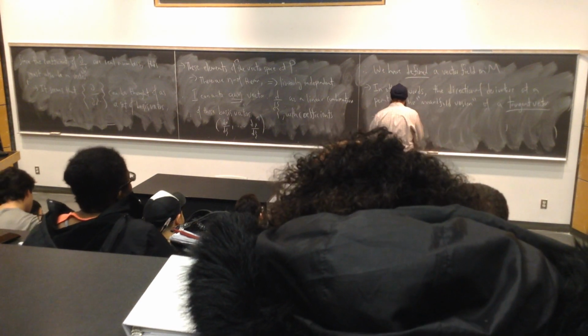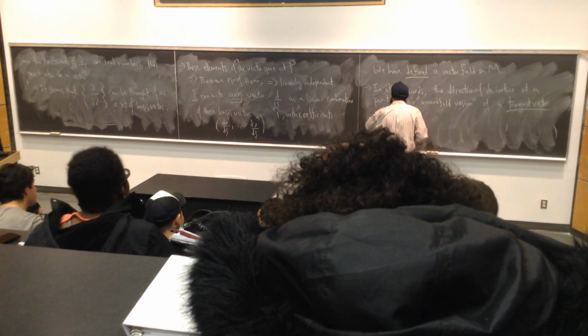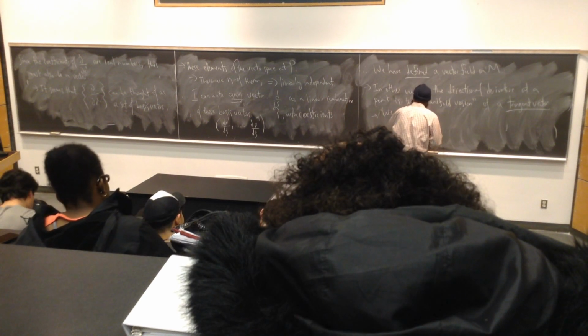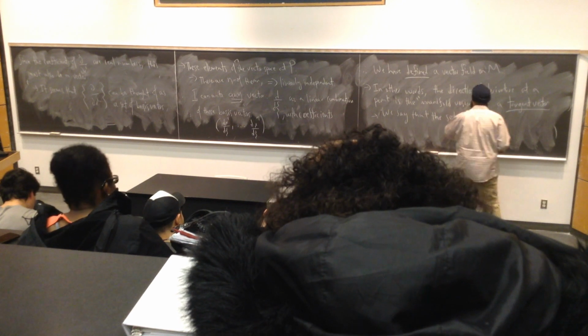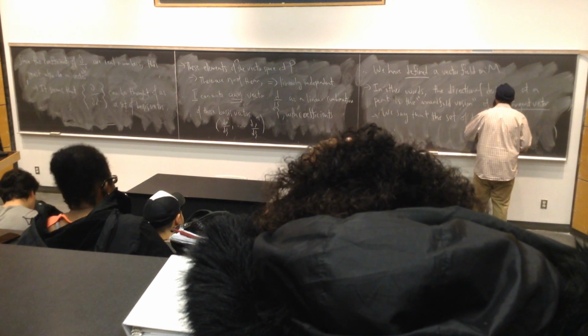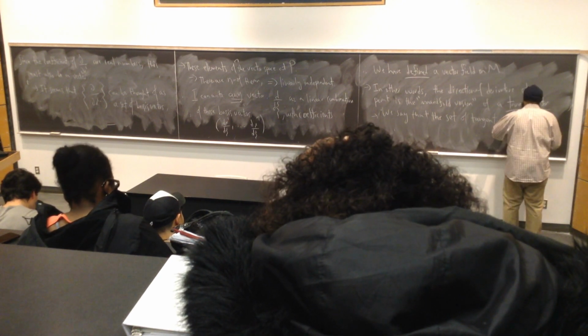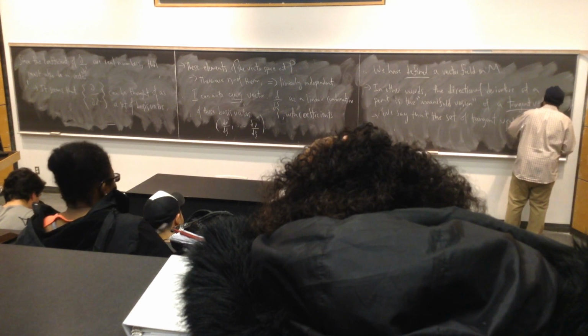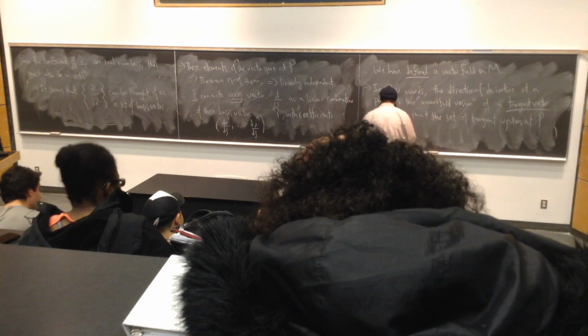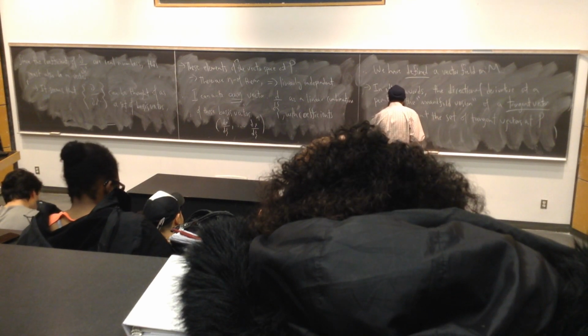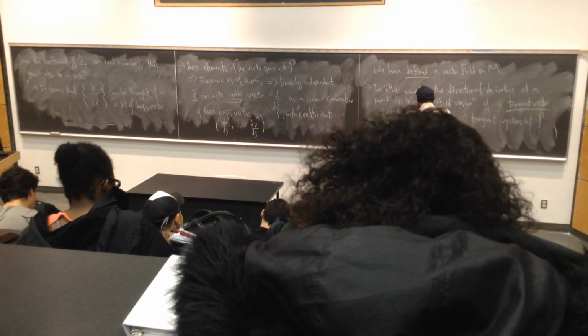So, therefore, we say that the set of tangent vectors at my point P defines what we call the tangent space.